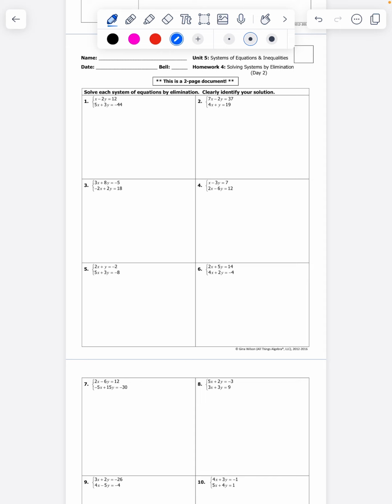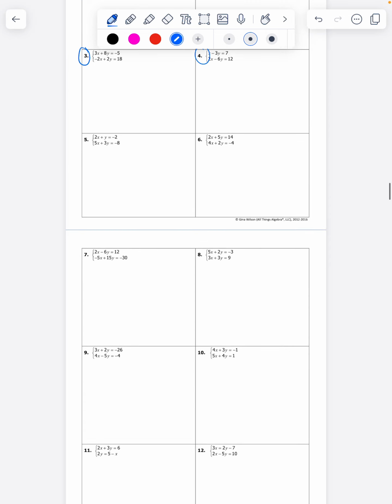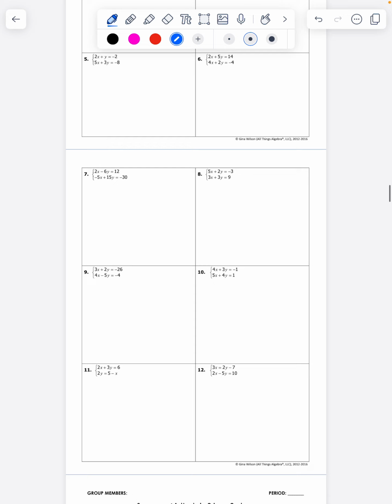So what I want you to do is, let's do numbers 1, 2, 3, 4 on that page. And then on the second page, I want you to do 7, 8.